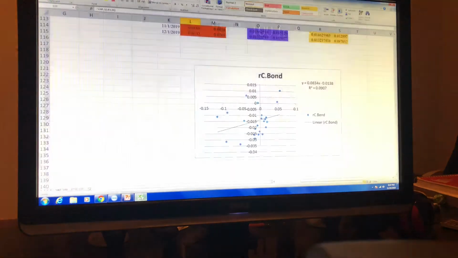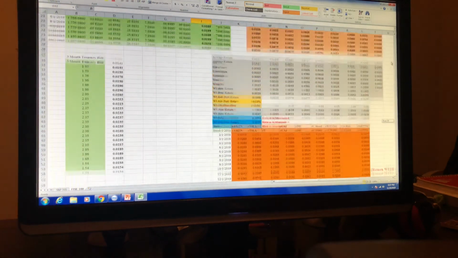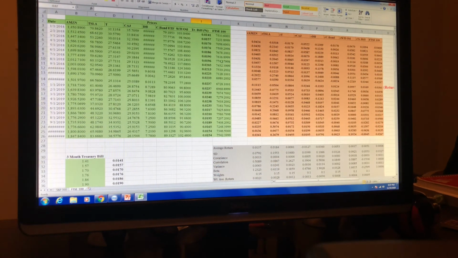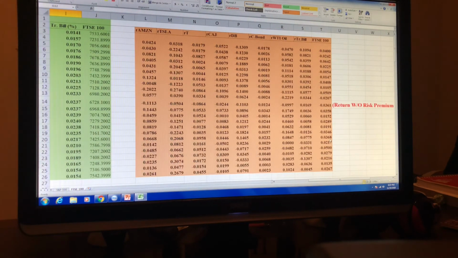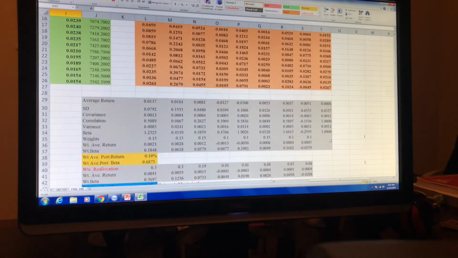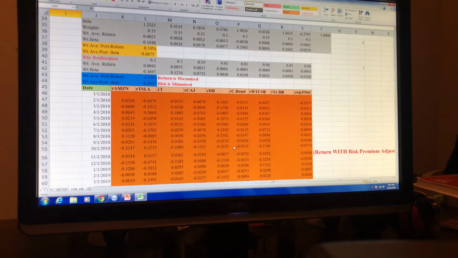So we go back. Here is the same analysis. Different numbers, of course. I no longer have the S&P right here. I have the FTSE index. A lot of the numbers did change. The returns on the portfolios didn't. The risk, however, was lowered if you were to invest in this index versus the S&P 500.